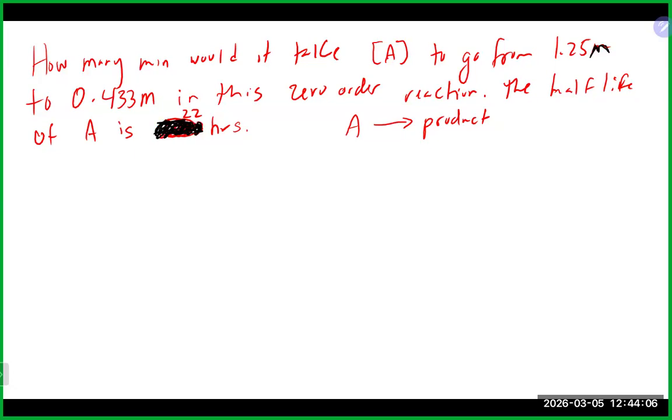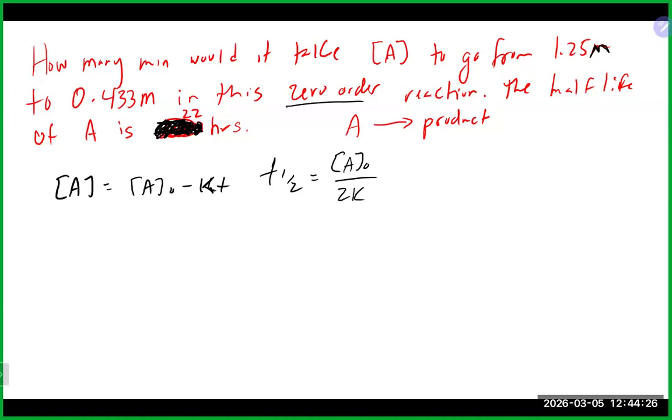Take a look. So obviously here is zero order, so we should pull out our zero order formulas. That is A is equal to A naught minus kt, and the half-life equation of A naught divided by 2k, I think. I know it's reassuring when I say that. All right.